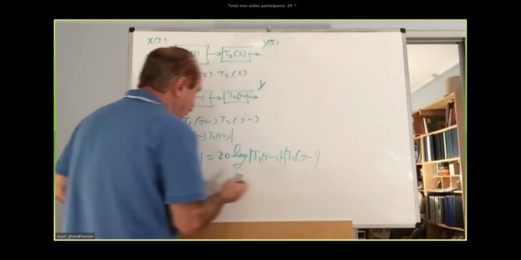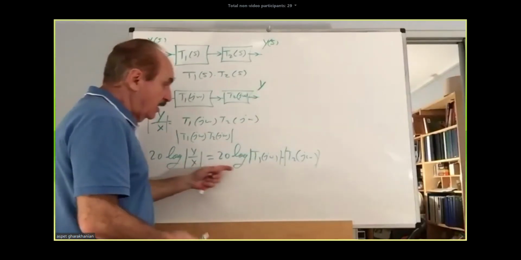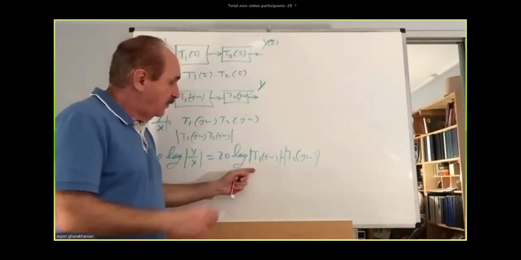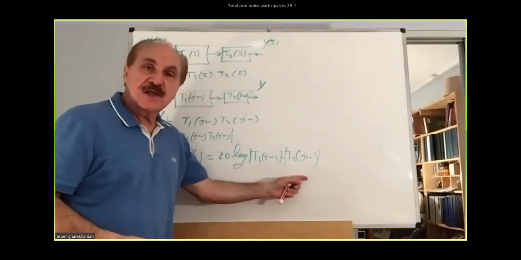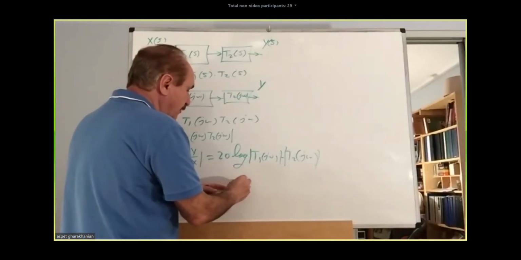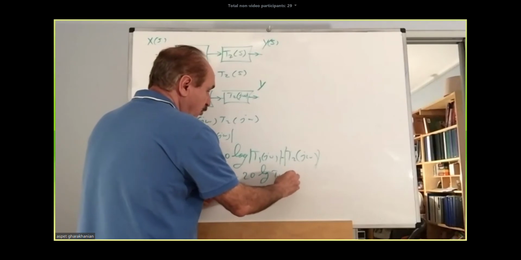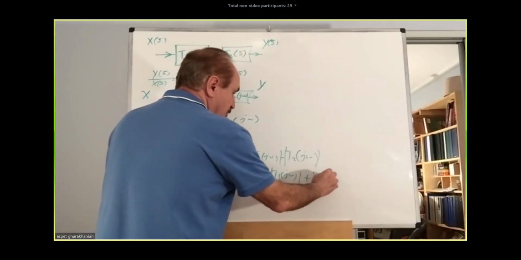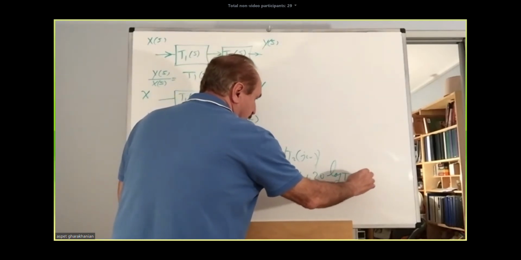So the magnitudes of each one can be calculated and multiplied together. However, we know what happens to the log of products. Log of A times B is equal to log of A plus log of B. So this will come to be 20 log of T1 of j omega added to 20 log of T2 of j omega.